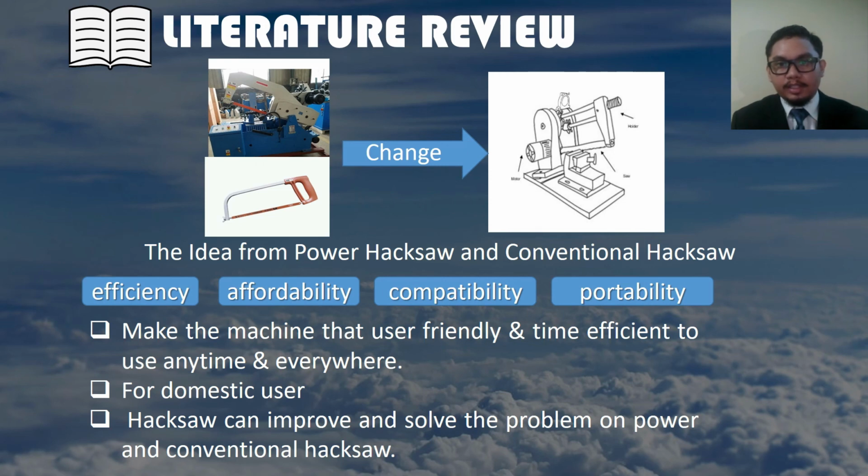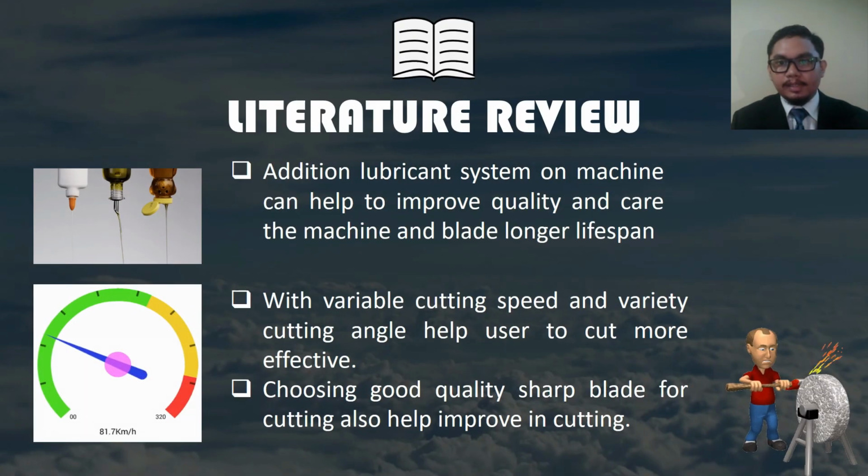From doing research on theoretical analysis, investigation of fabrication experimentally and design of the hacksaw, it can improve and solve the problem of the power hacksaw and conventional hacksaw. The last slide of the literature review is about the lubricant system. The lubricant system is an initiative to improve the product quality and can help the machine be durable and give the machine and blade a longer lifespan.